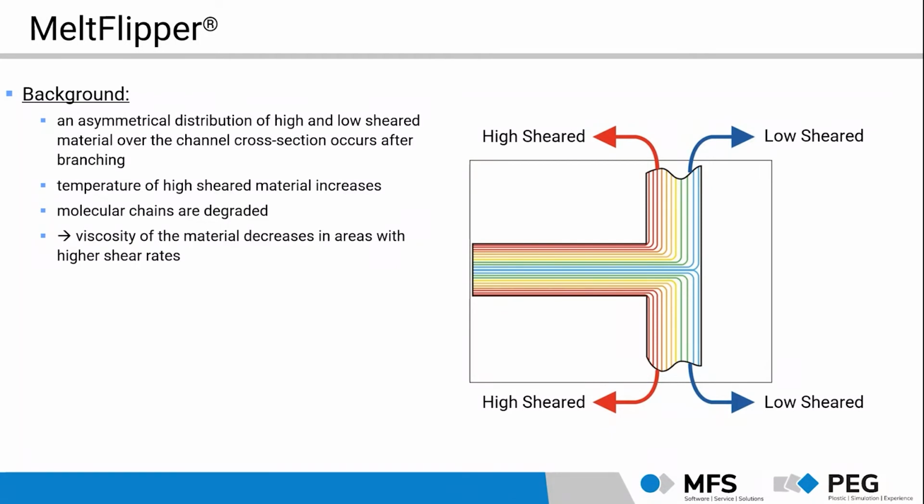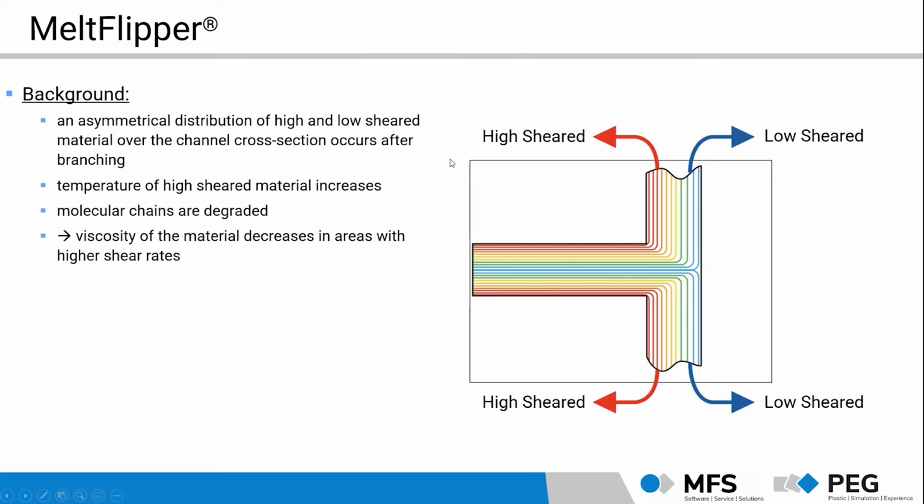I will do that with my hands here, and we go through the runner, and we come to an intersection now, to a branch. And what happens to the melt? It's split, and we can see here we have the highly sheared, laminar material in the outer areas, and we split it now. And then we see that we have this left-right imbalance in our runner system.